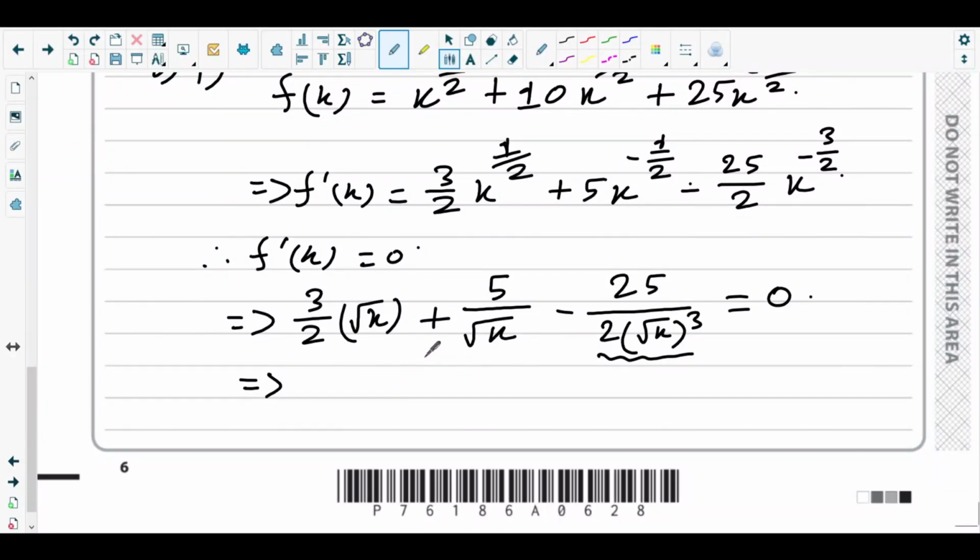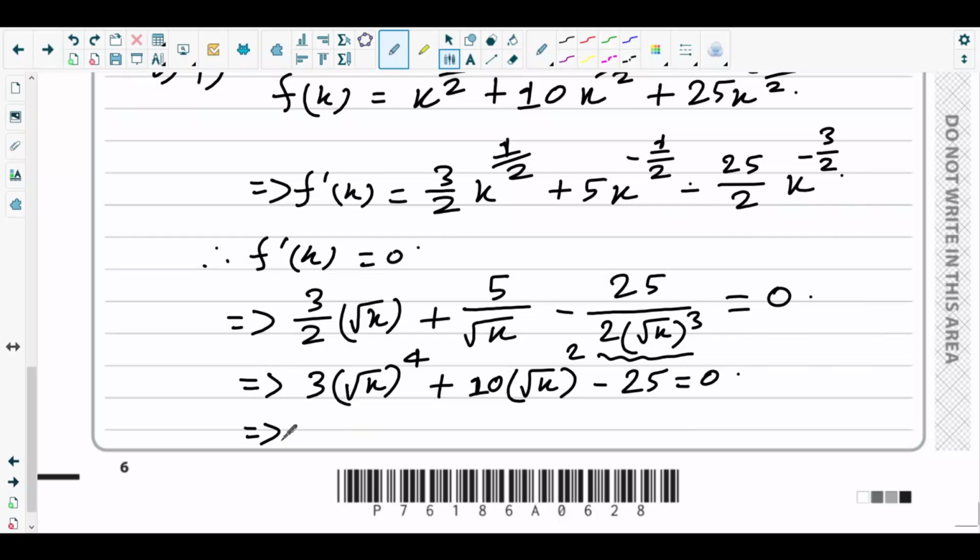So if we multiply 2 square root of x whole cube on both sides, what we will get? 3 square root of x times square root of x whole cube, that would give you square root of x to the power 4. Then plus square root of x whole cube over square root of x, so 5 times 2 is 10, and you will get square root of x whole squared, negative 25 equals 0.